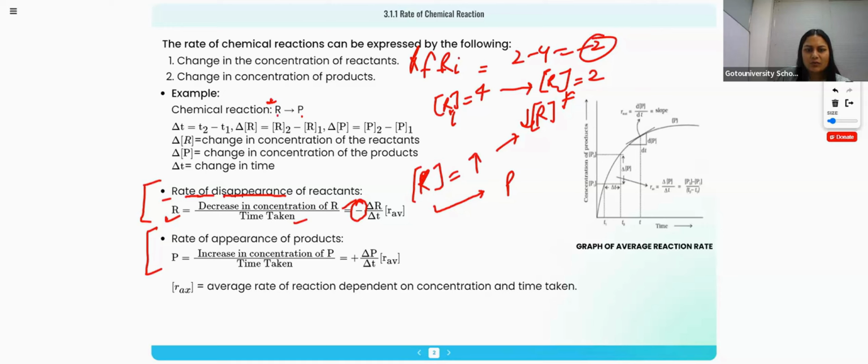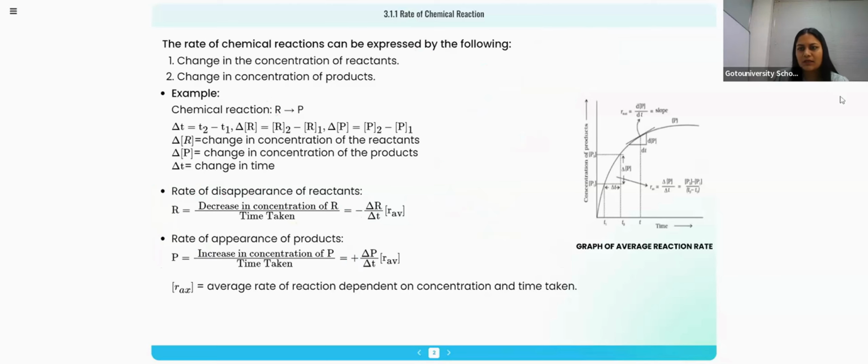But in the case of product, as its concentration is increasing from 0 to some point, it will always be a positive value. I hope it is clear now why we take the concentration of reactants as a negative value.